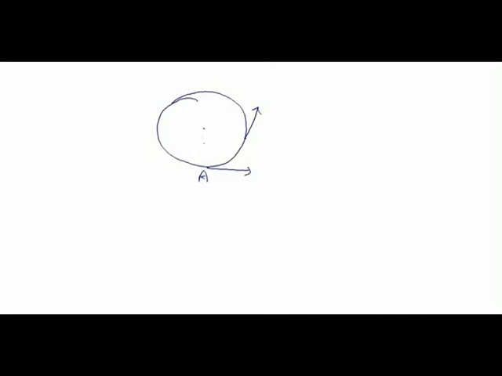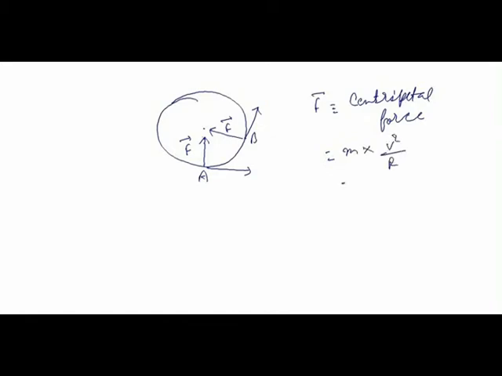Its direction is towards the center, so this is the force acting on the object at point A. At point B, this is the force acting on the object. This force is called centripetal force, and its value is mass times centripetal acceleration, that is mv square by r, where m is the mass of the object, v is the magnitude of its velocity, and r is the radius of the circle.